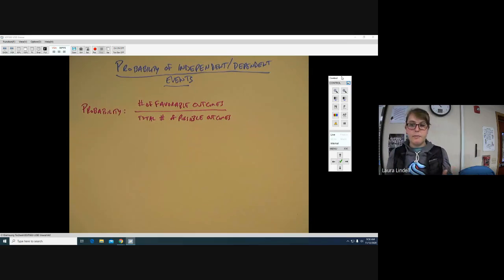So when we were flipping a coin, if I wanted to know what's the probability of getting tails, well, then tails would be my favorable outcome. So that's 1 favorable outcome out of 2 possible outcomes, because you could get heads or you could get tails.